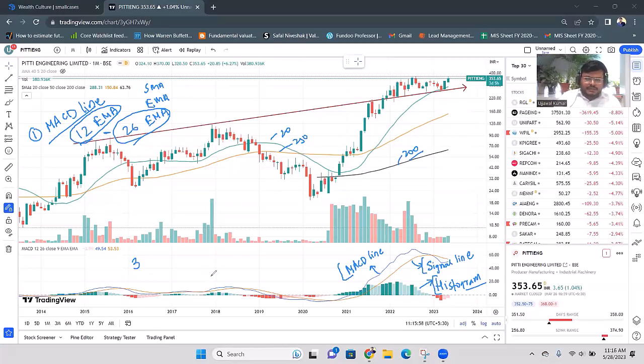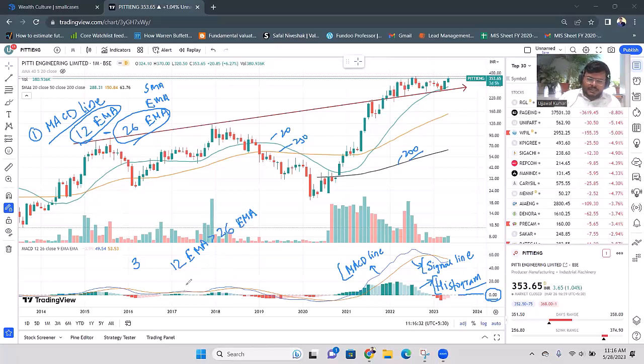So very simply, there is this thing called the zero line. What you're seeing here, this zero, is my zero line. If my 12 period exponential moving average is greater than my 26 period exponential moving average, then the values are above the zero line, right?